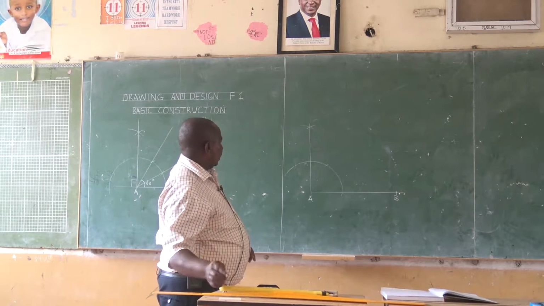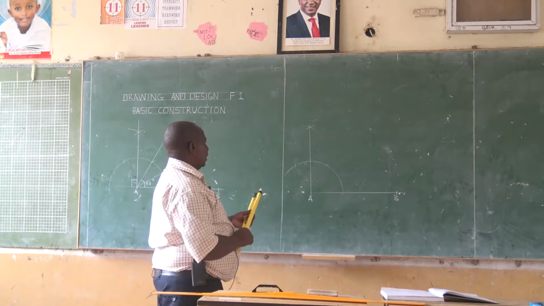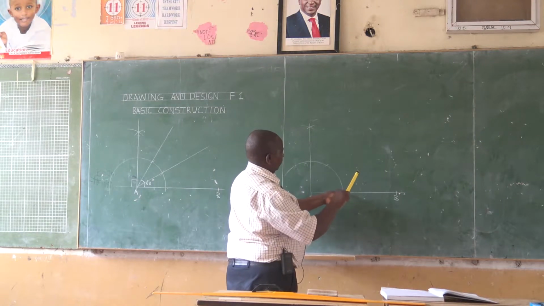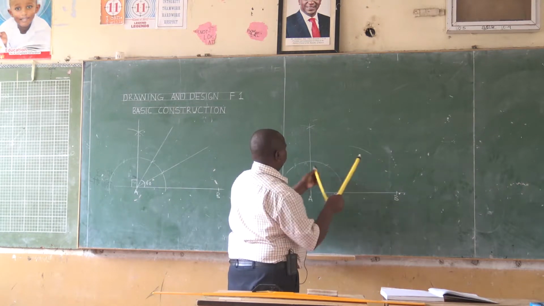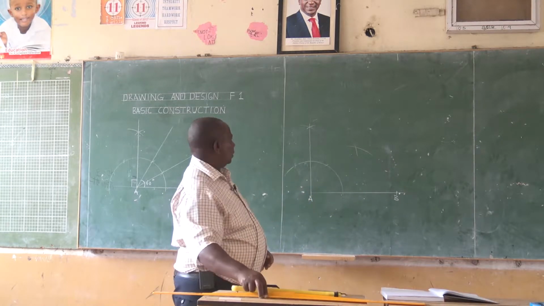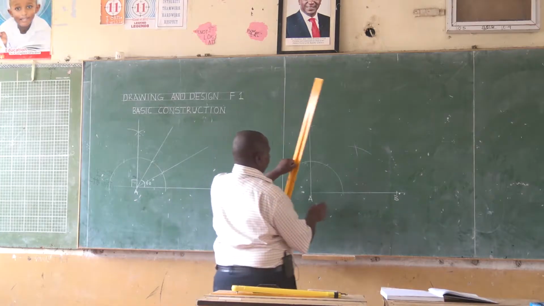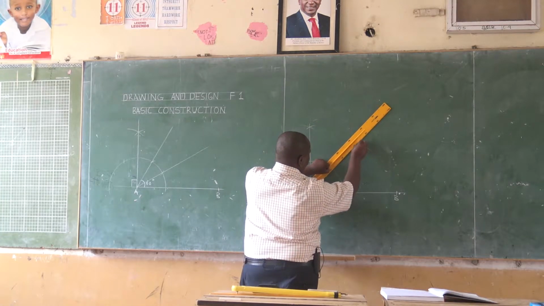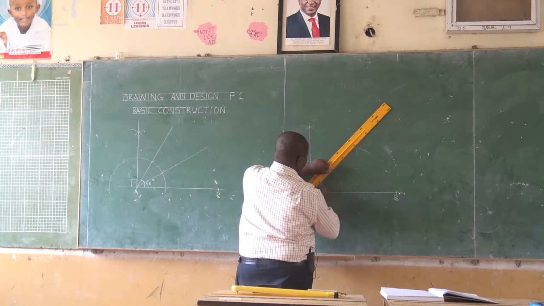If you bisect the angle of 90 degrees, then the angle formed is 45 degrees. And the angle that is complementary to it at 45 degrees is also 45.